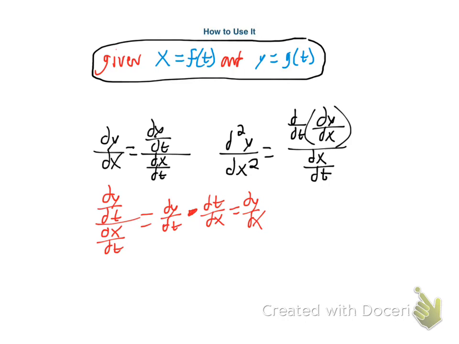Your derivative functions will be in terms of t. So perhaps that's not desirable, which is possible. Since this is dy dx, it's possible that you'd be asked to find dy dx in terms of y and x, not in terms of t, or in terms of just x.